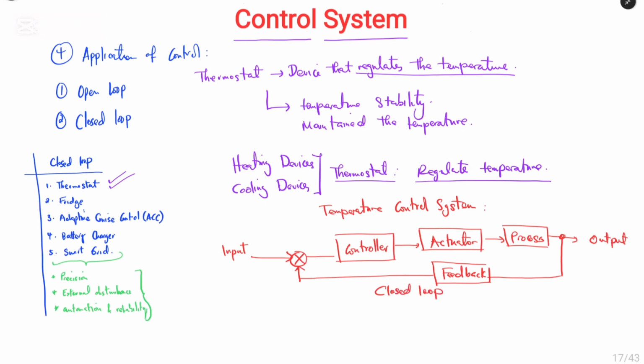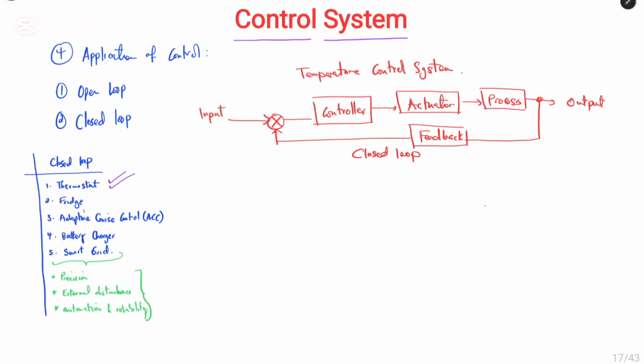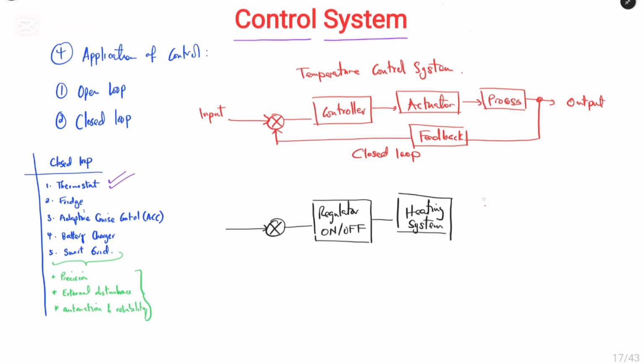block diagram. And with the closed loop in mind, we can now draw the system itself, and we can have the regulator which performs on or off operation, and we can discuss the heating system, we can say a room, or the controlled temperature.